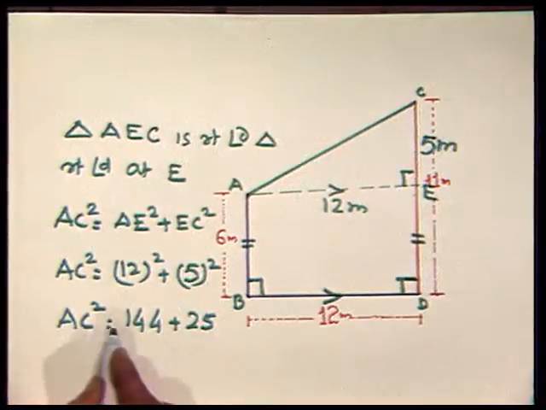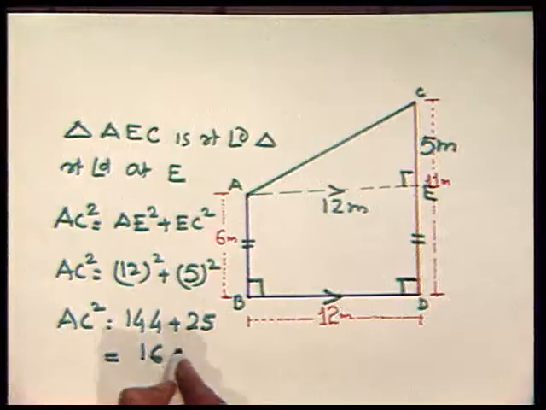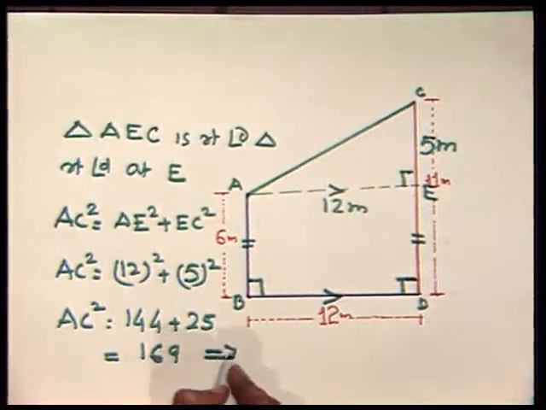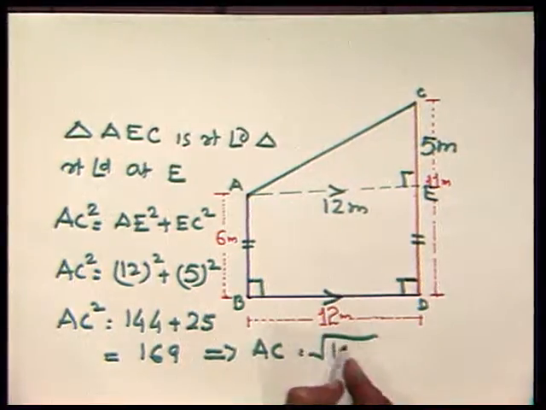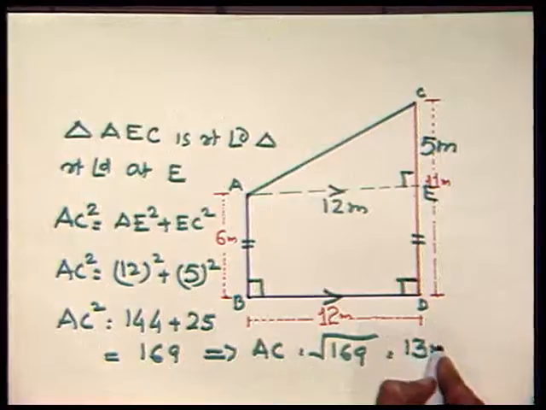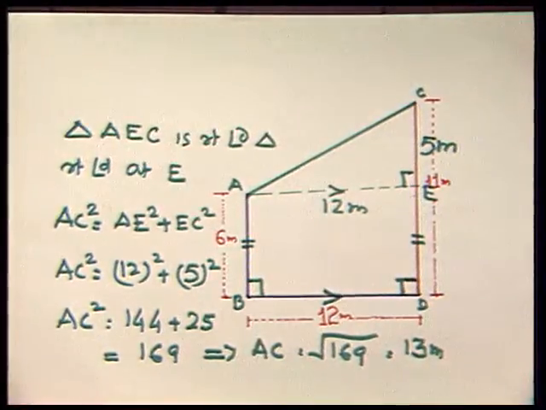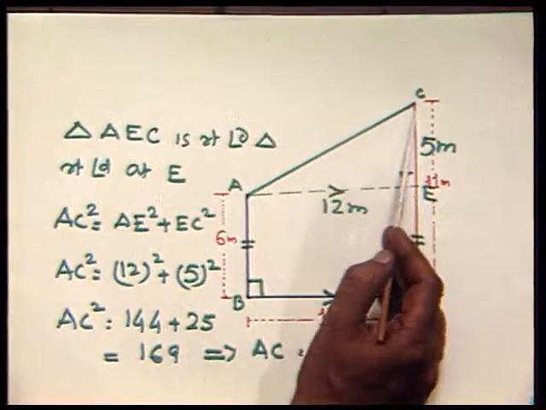AC square is equal to 144 plus 25, and that is equal to 169, which implies that AC is equal to square root of 169, which is 13 meters. So, here again, by simply applying the Pythagoras theorem, we could find out the distance between their tops.